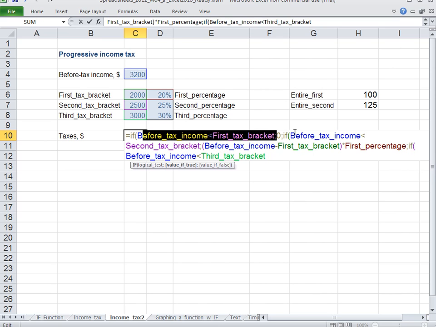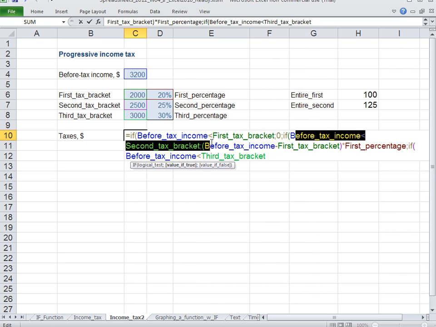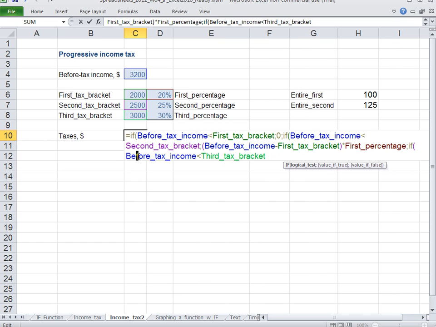It's not between 2,000 and 2,500. So if we check whether it's under 3,000, and if it is, we automatically know that it's between 2,500 and 3,000. Okay, and now comes a more complicated formula.